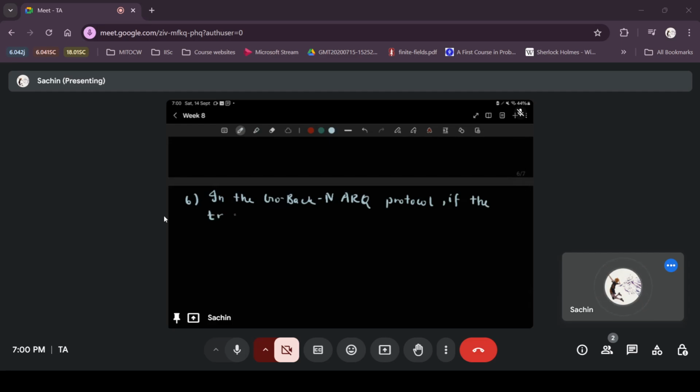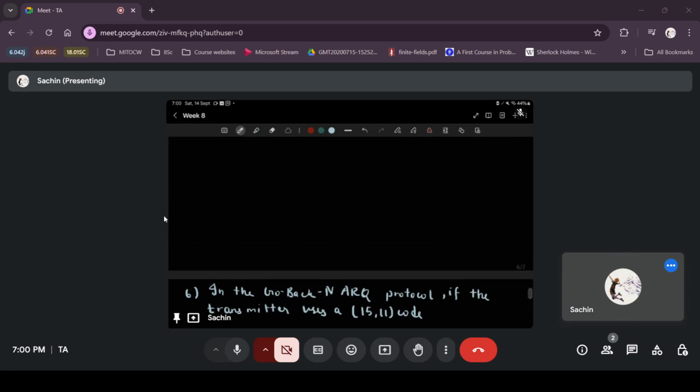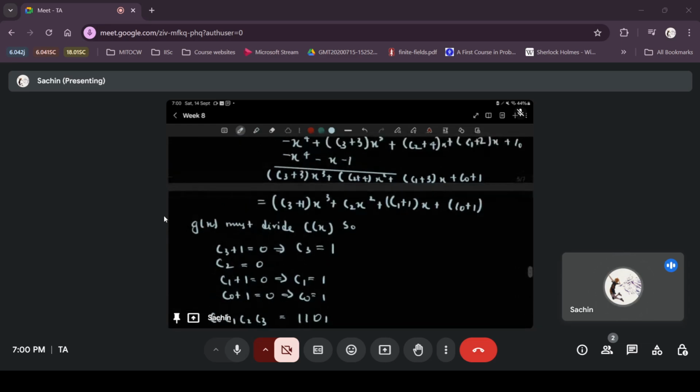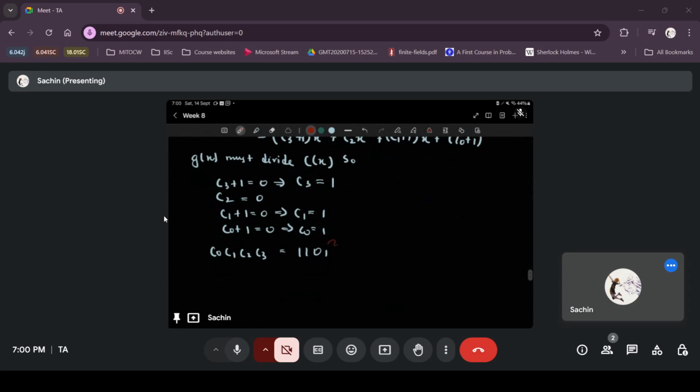The explanation should have been given in class. In the go back N ARQ protocol, the transmitter uses a 15,11 code. I forgot to highlight this answer. That's your answer.